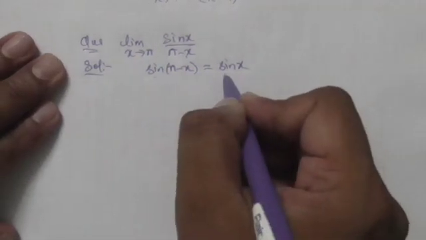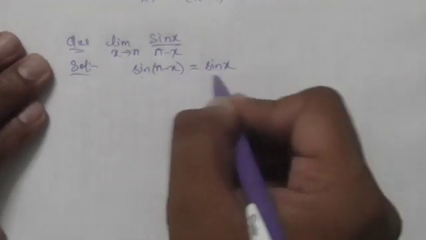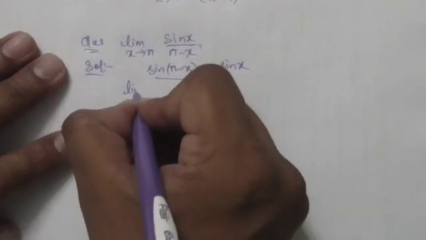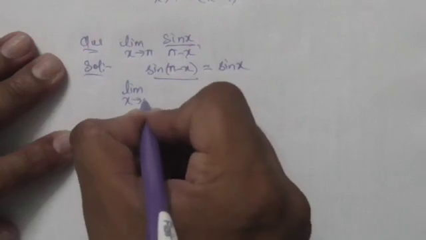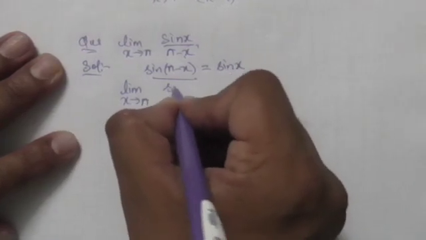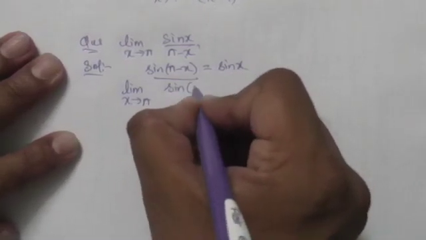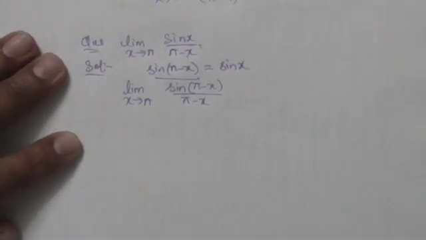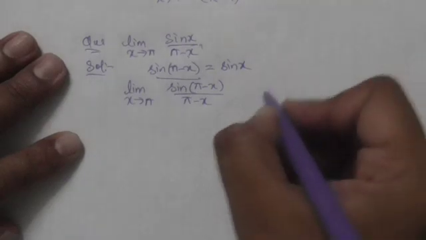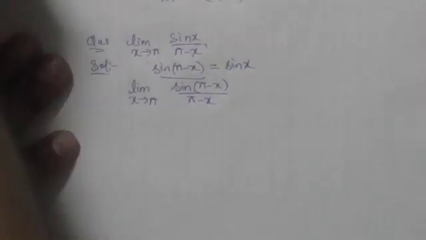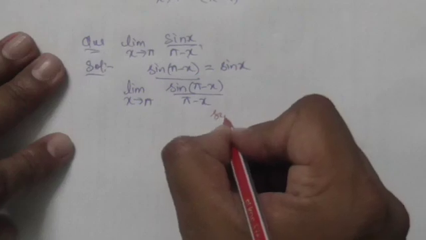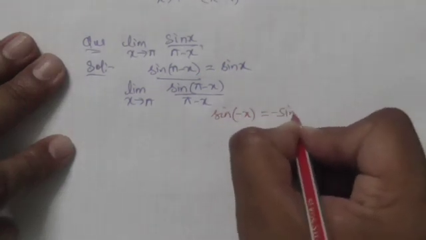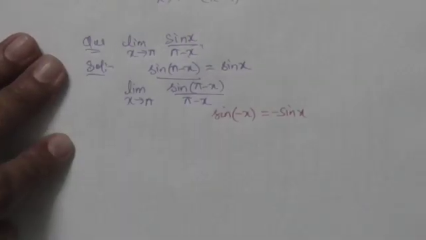Now we will substitute this value of sin x here in this expression. So I will get limit x tends to pi sin(pi minus x) upon pi minus x. So there is one more thing, sin(minus x) is equal to minus sin x, right?